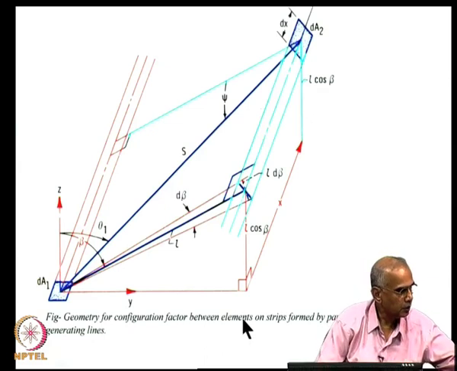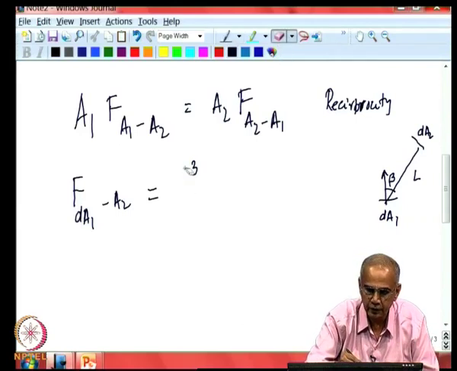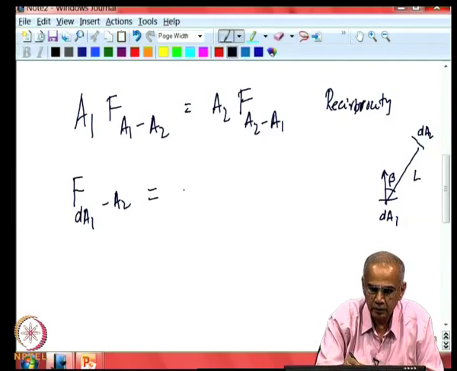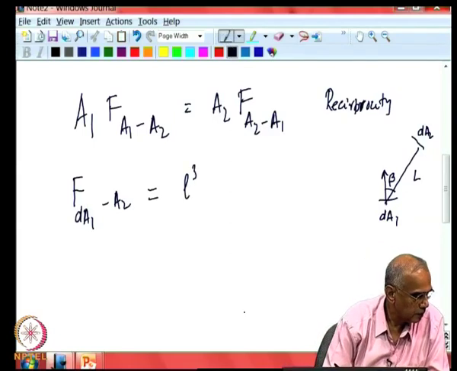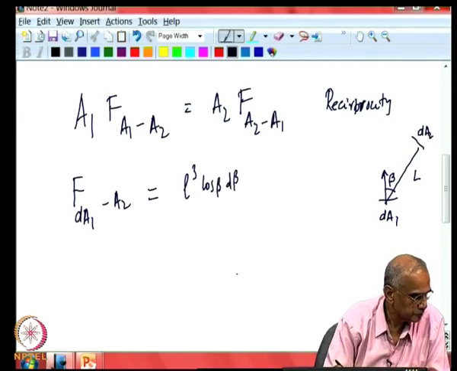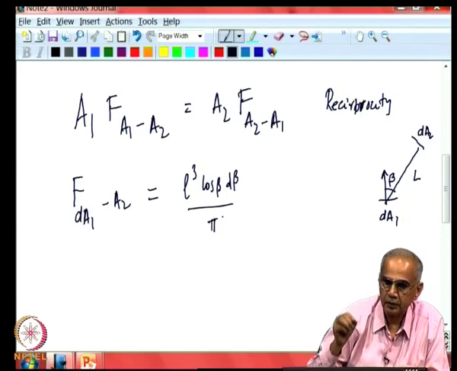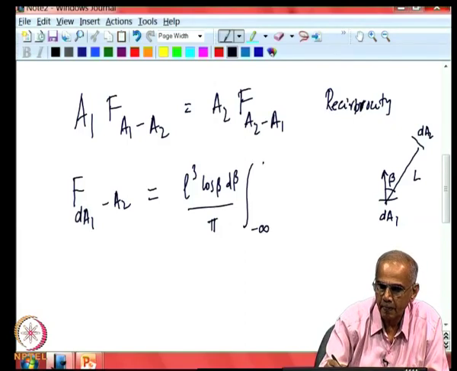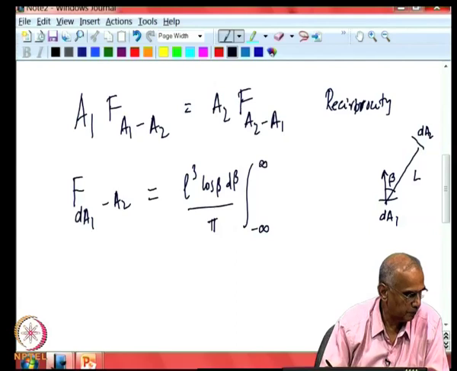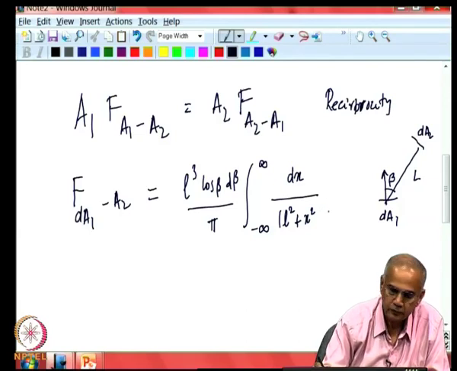We will now use the geometry, and I will stick to the notation in the figure. So, I will write this as L cubed cos beta by pi, and then you integrate in the x direction from minus infinity to plus infinity, that is normal to the plane of this board, and that will come out as dx by L squared plus x squared the whole square.